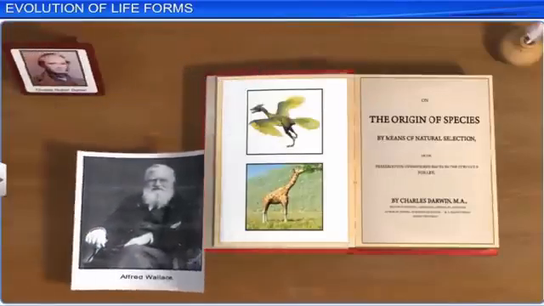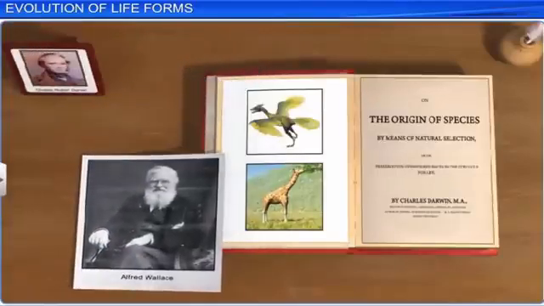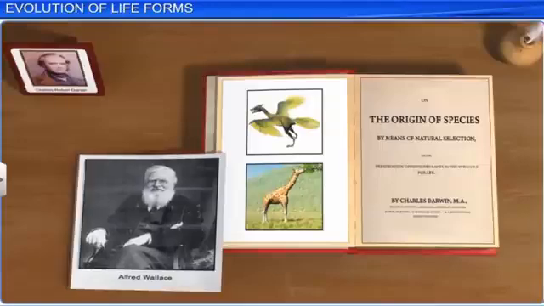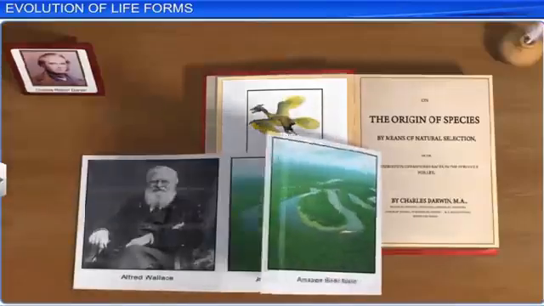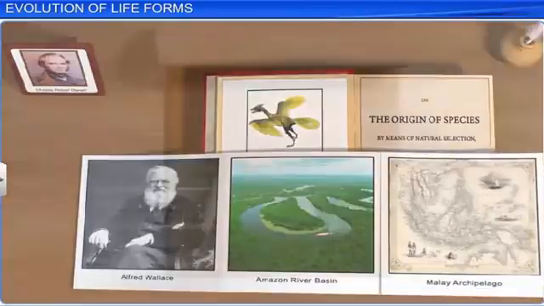Another British naturalist, Alfred Wallace, a contemporary of Charles Darwin, made similar observations by proposing the theory of evolution due to natural selection. Wallace did extensive fieldwork in the Amazon River basin and the Malay archipelago.